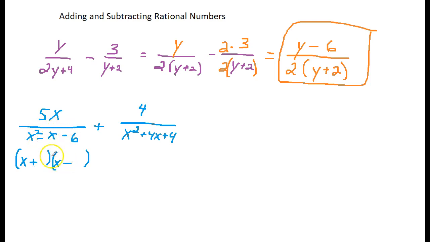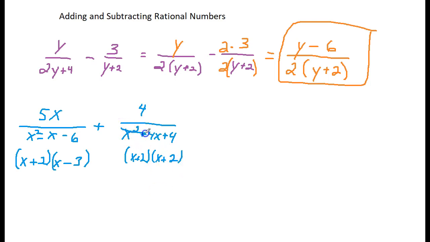But when I add them, I want a negative 1, so we're going to say plus 2 minus 3, because 2 times negative 3 gives you negative 6, and 2 plus negative 3 gives you negative 1. And factoring this one, I have an x and an x. Everything's positive, so plus, plus. Numbers that multiply to give you 4 and add to get 4 are 2 and 2.